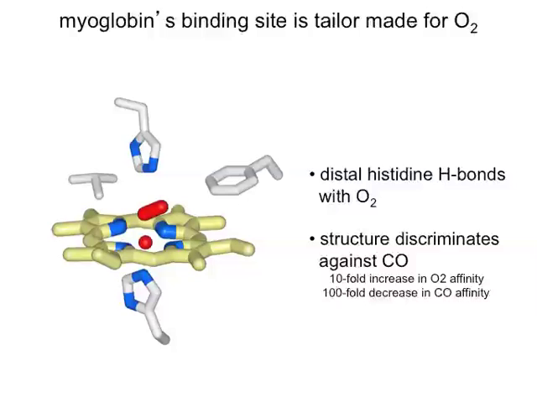So myoglobin has to discriminate somehow. In fact, the affinity for carbon monoxide of free heme is something like 20,000-fold higher than that of oxygen. So if you had a free heme in solution out of the context of the protein, it would bind carbon monoxide much more tightly than it would bind oxygen.